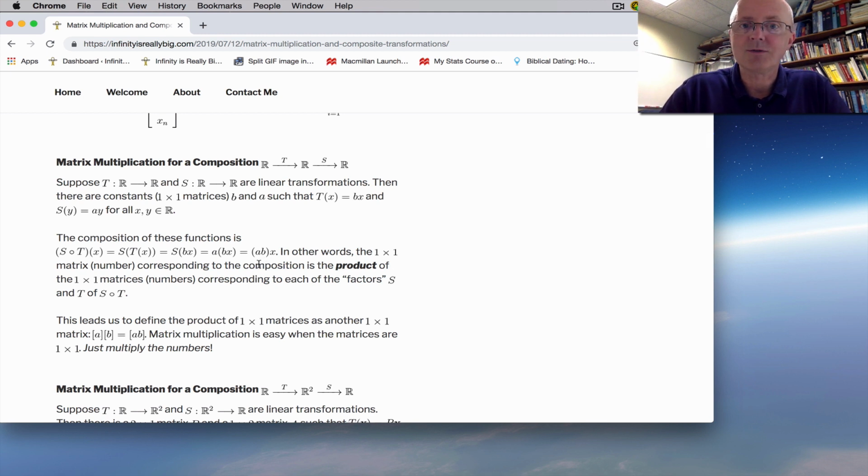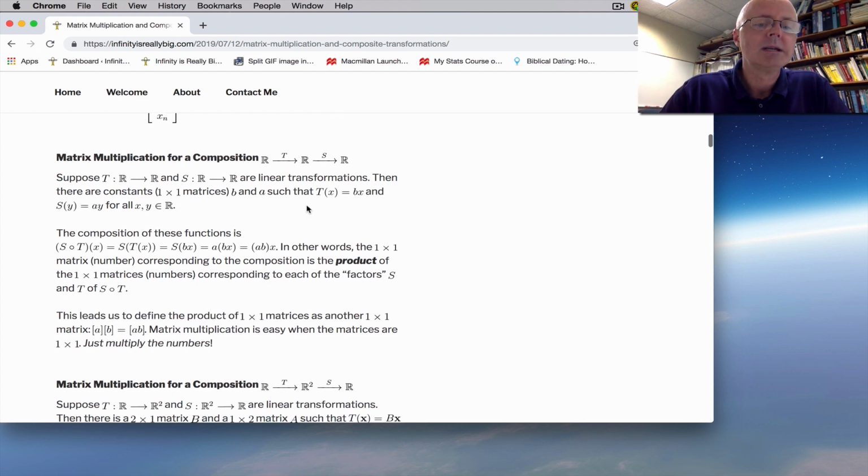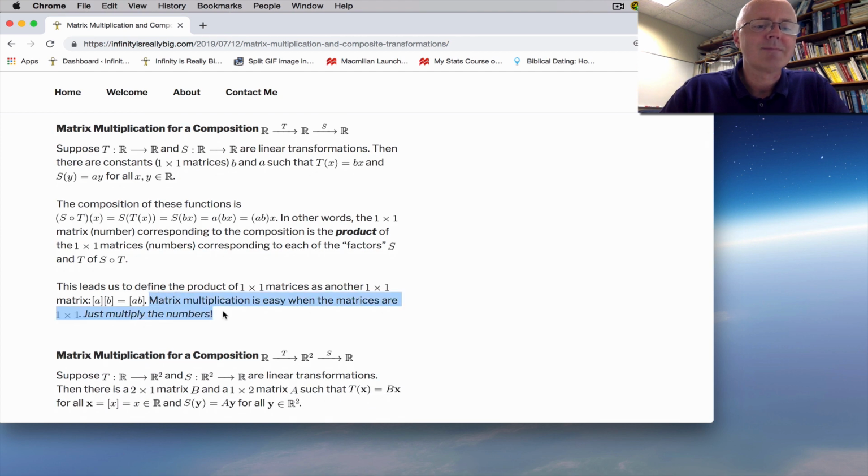And it's the product of the two numbers A and B that represent each of these transformations individually, that are the slopes if you graph them. This is the punchline here. Matrix multiplication is easy when the matrices are 1-by-1, in other words, just numbers, multiply the numbers. This notation is just emphasizing I can think of the numbers as being matrices.